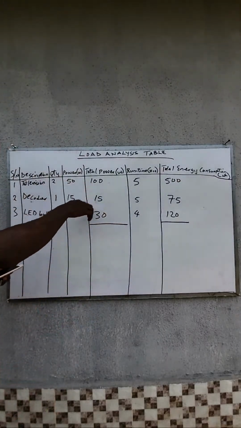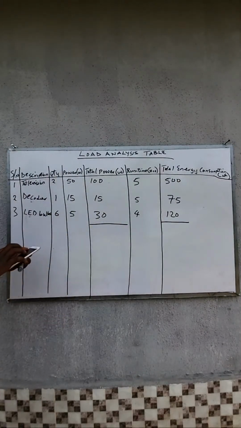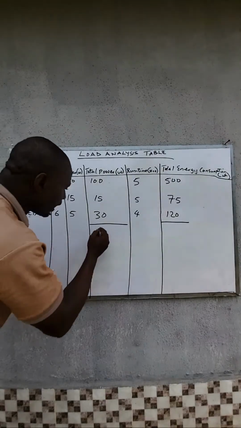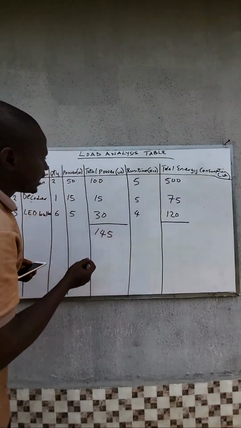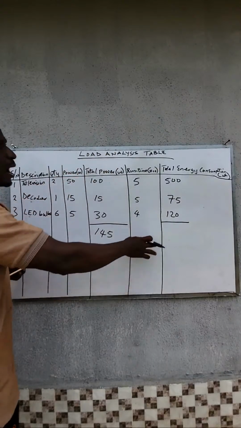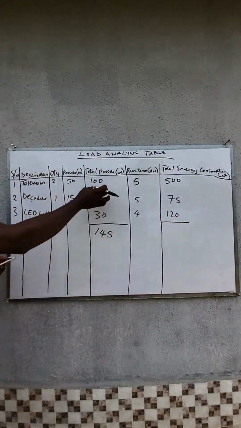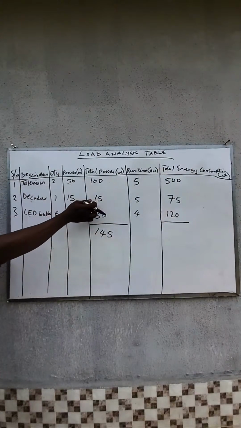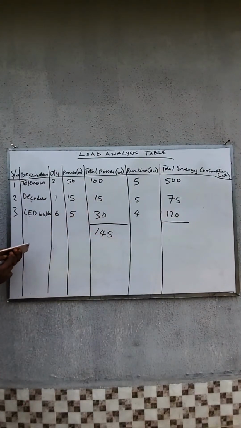So if we have 100 plus 15 plus 30, that will give us 145 watts. Now, when you're through, you're going to sum this column, the total power and the total energy consumption. You're going to sum them. 100 plus 15 plus 30 will give us 145 watts.